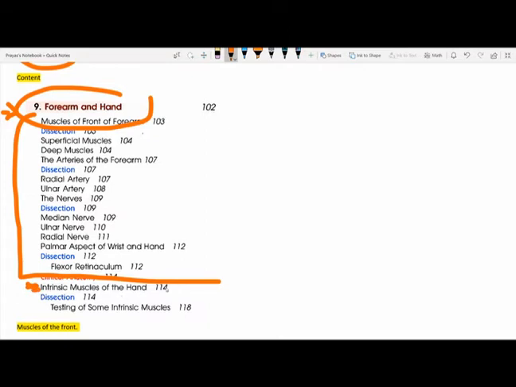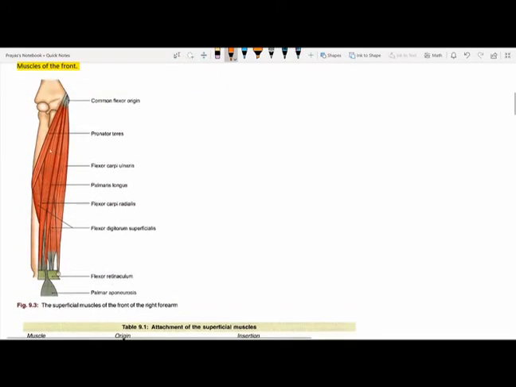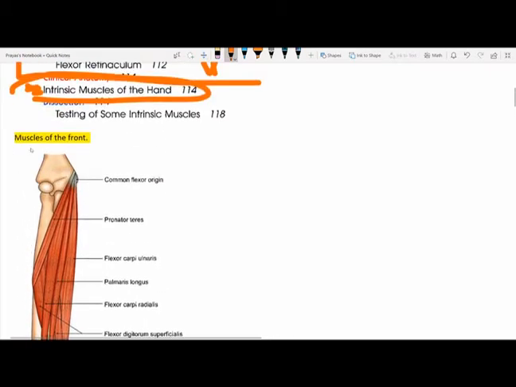In the next session I will start from the clinical muscles of the hand. There are a lot of details included in all this. Anatomy is a very detailed subject, as you might know already.